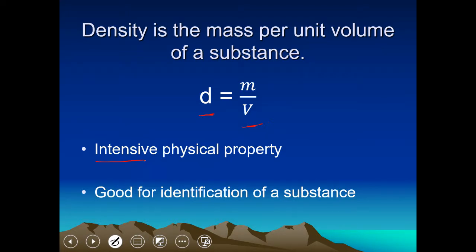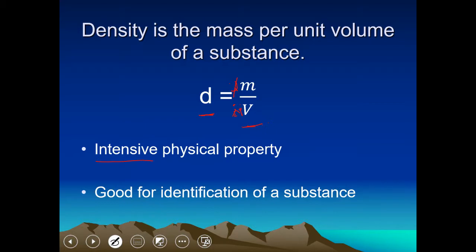It is an intensive physical property. Intensive means it does not depend upon the size of the sample. For example, if you have 2 cups of water instead of 1 cup of water, you do have double the volume, right? But you also would double the mass. And so those twos kind of divide out and you get the same mass to volume ratio.